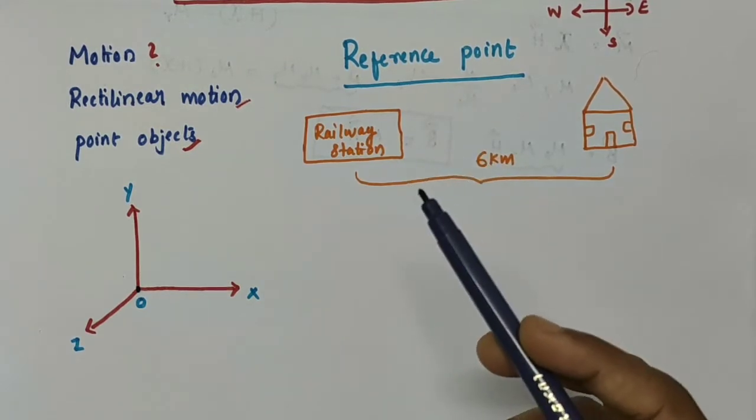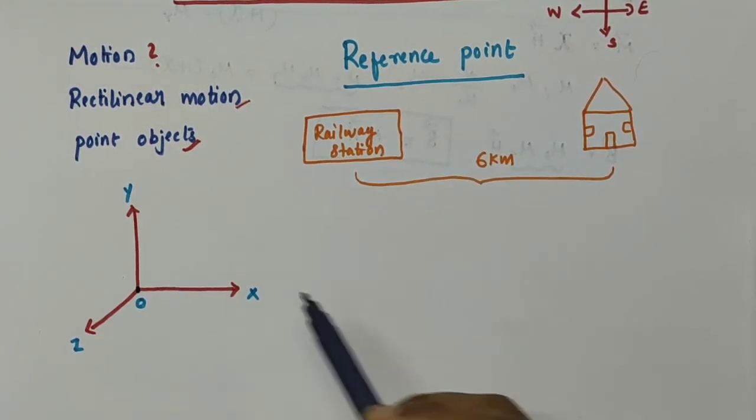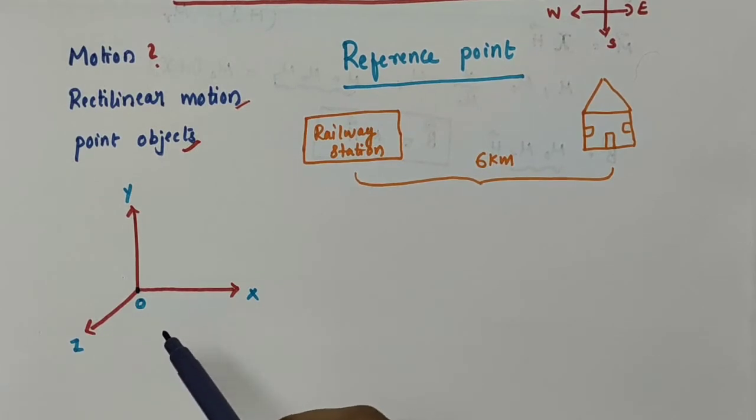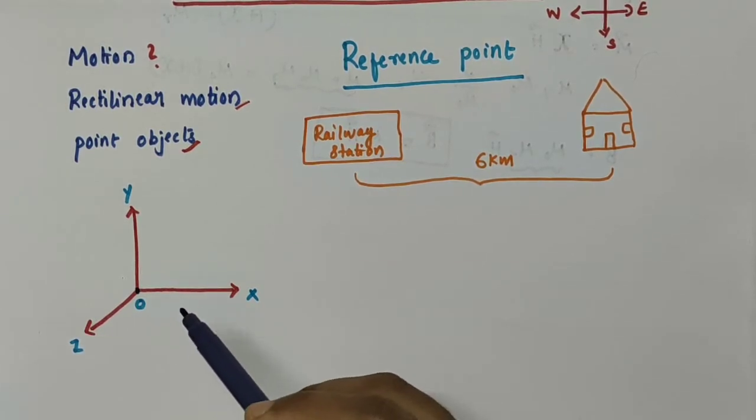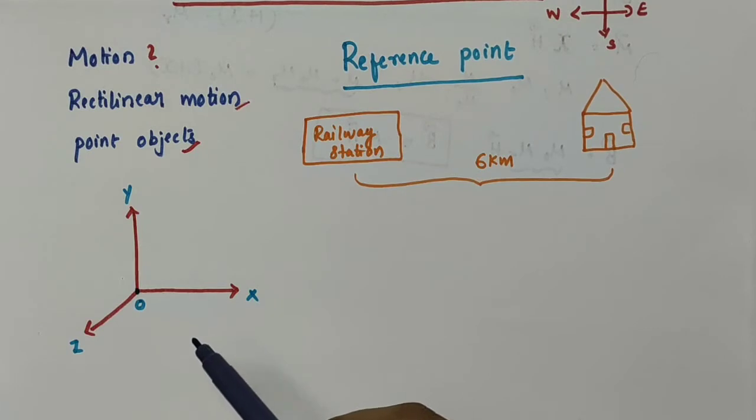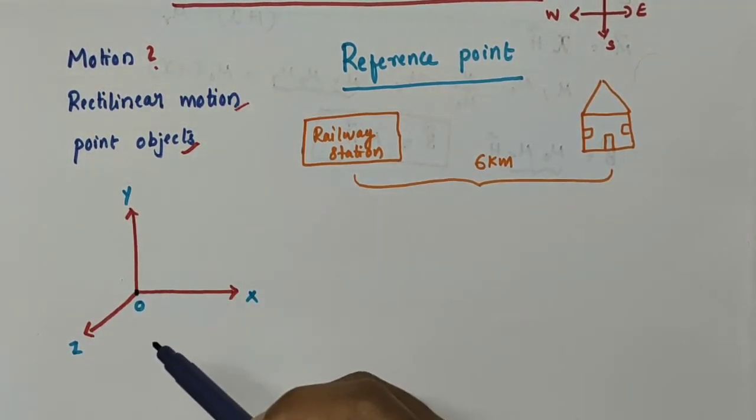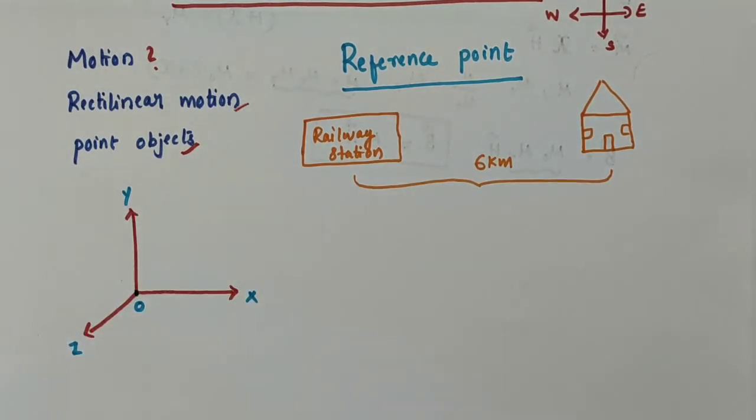of axes. It is convenient to use a rectangular coordinate system, that is the coordinate system which has three mutually perpendicular axes x, y and z. You might have studied about this in mathematics.